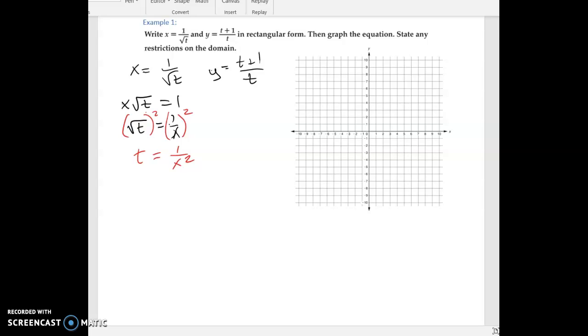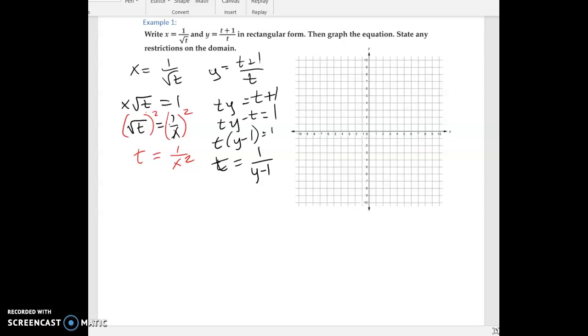On the other equation, I am going to multiply both sides by t, so I get ty equals t plus 1. We're going to subtract t, get those on the same side, and then factor out a t. So that t is equal to 1 over y minus 1.